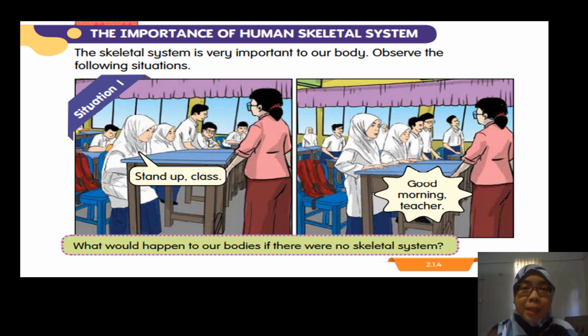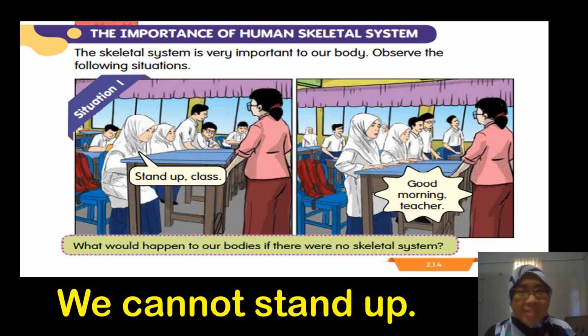Based on the situation, the class monitor asks the rest to stand up when the teacher enters the classroom. Good morning, teacher. Assalamualaikum, teacher. But what will happen if we don't have the bones, the backbones, the leg bones? What will happen? Yes, of course, we cannot stand up.